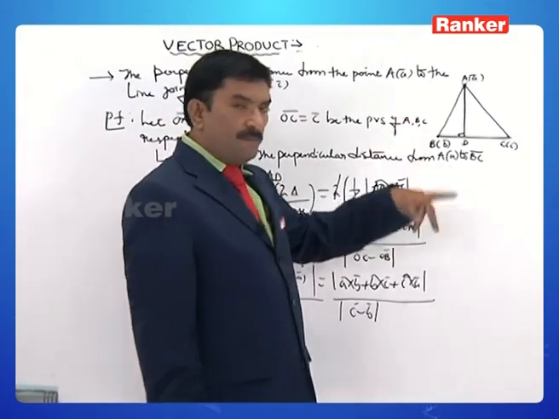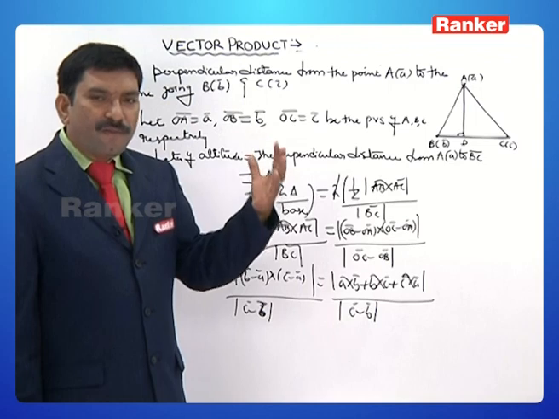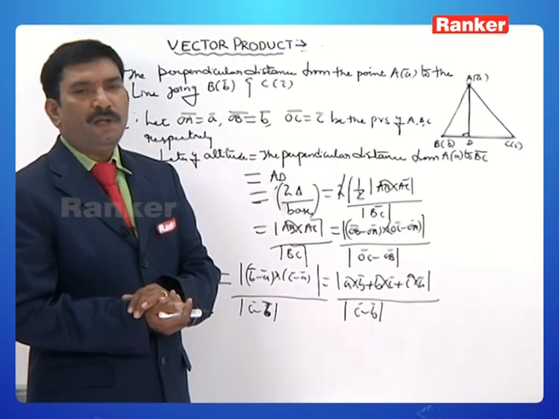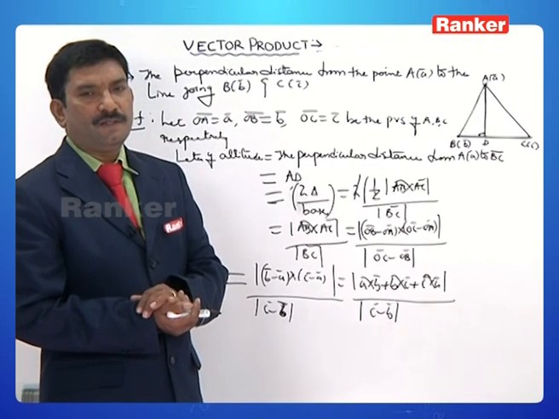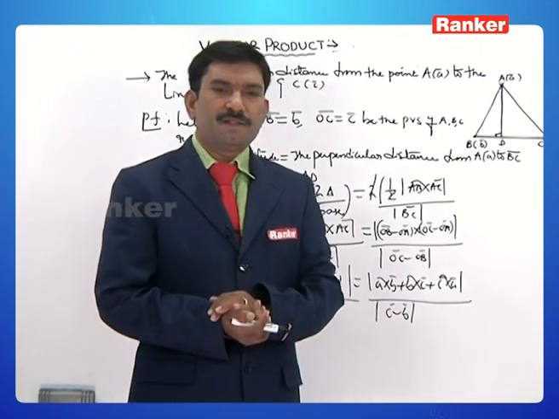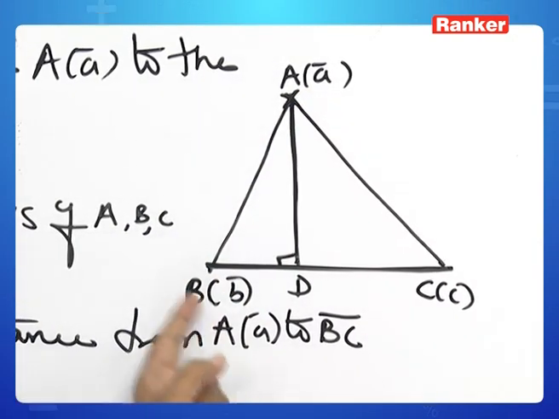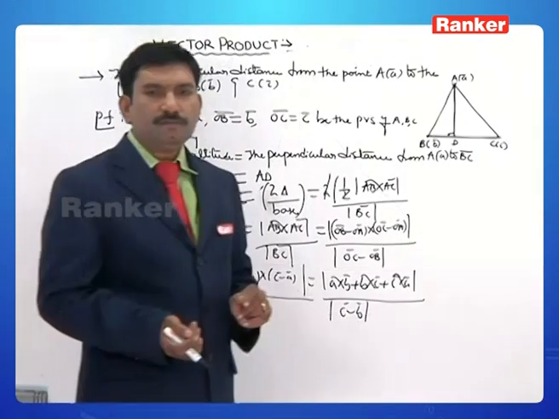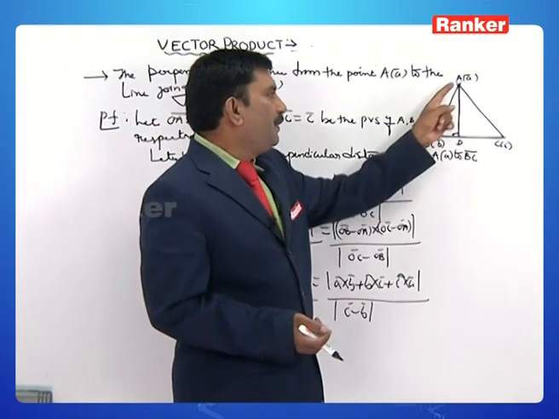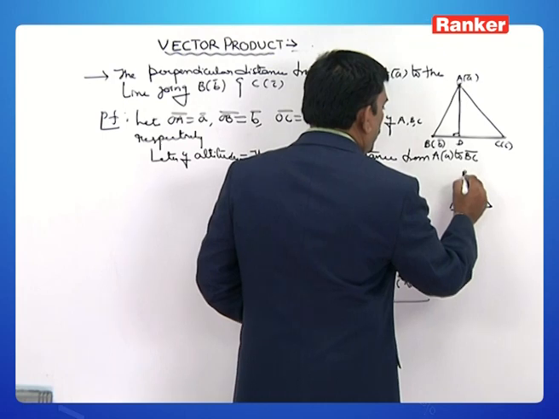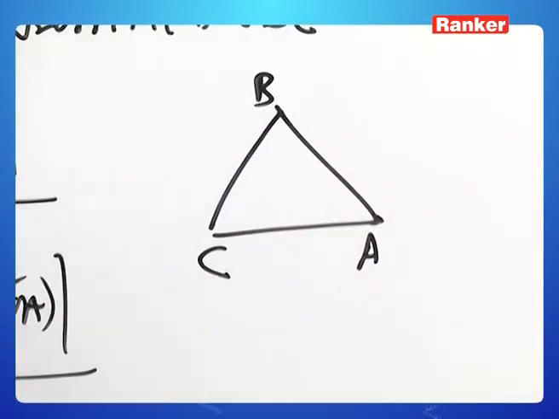Similarly, we can also find out the perpendicular distance from B of B bar to the line joining C and A. In that case, if it is B, I can write like this. If I go for B, if I go for C, it's A, correct?